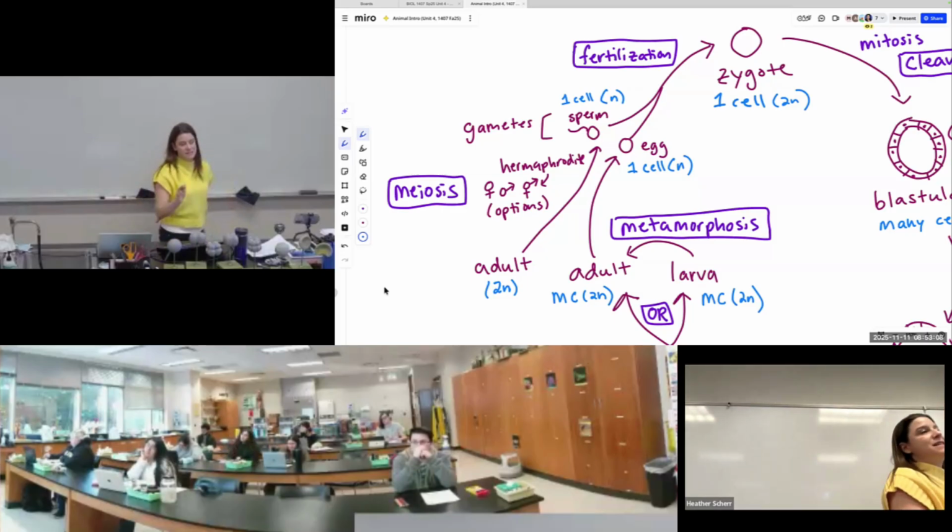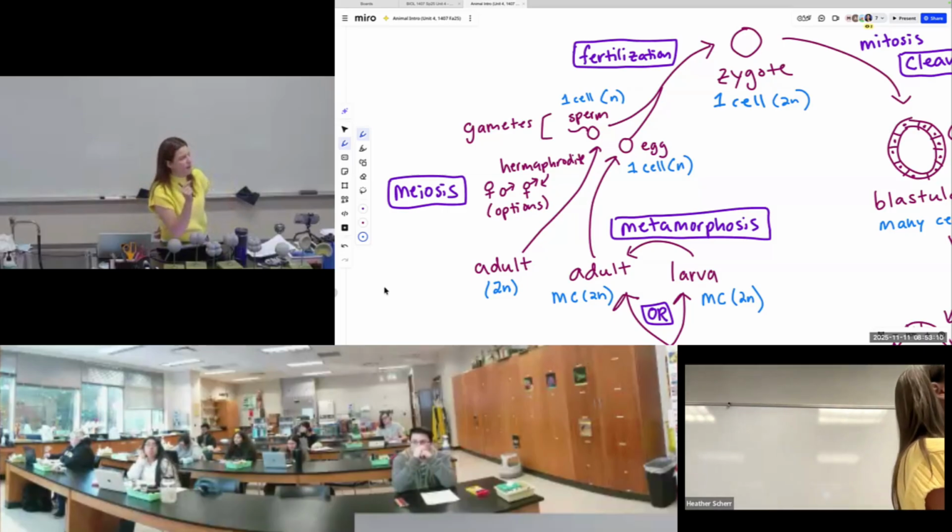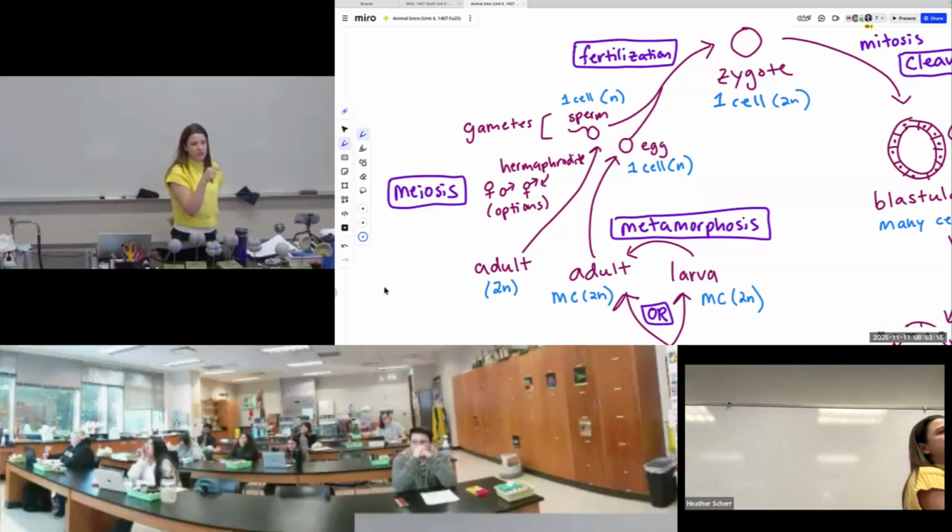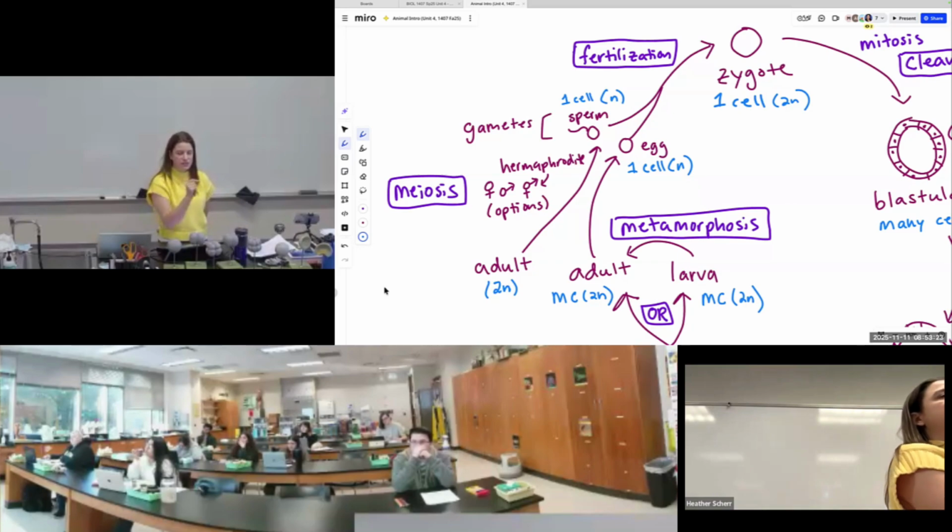Since gametes are produced by meiosis most of the time, how would they compare to each other genetically? Like each sperm produced by an individual, and each egg produced by an individual. How would the genetics be when you compare all of them? They would all be different.